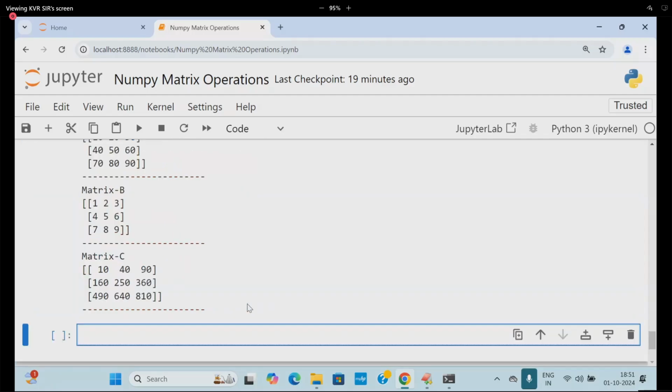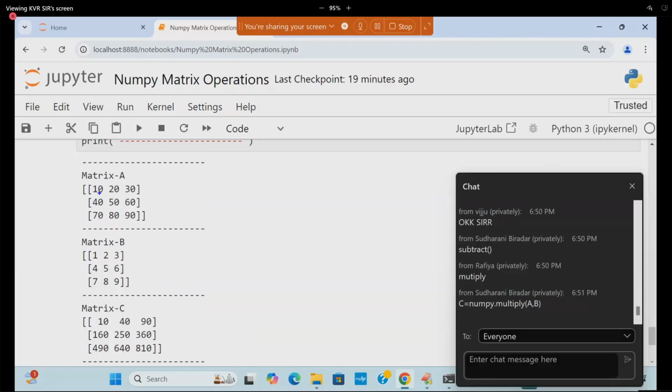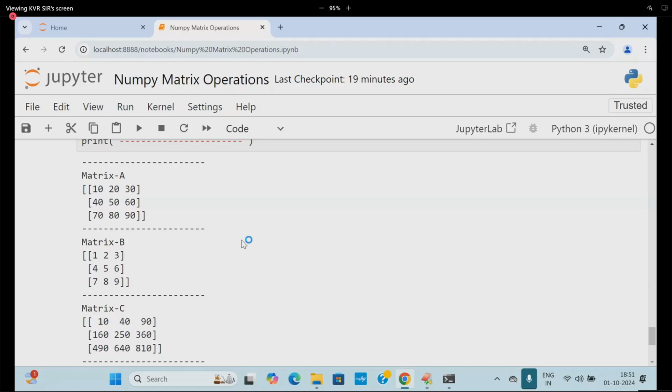Element wise multiplication is 10 into 1, 40 into 4, 70 into 7. So 10 into 1 is 10, 40 into 4 is 160, 70 into 7 is 490, and the last, 90 into 9, is 810. This is called matrix element wise multiplication.